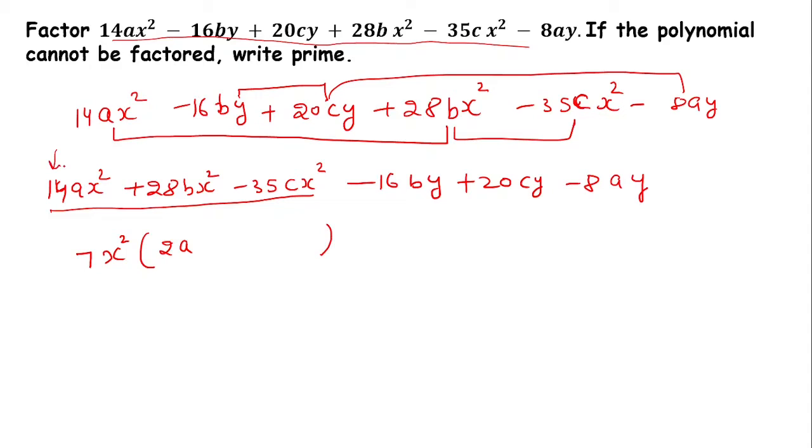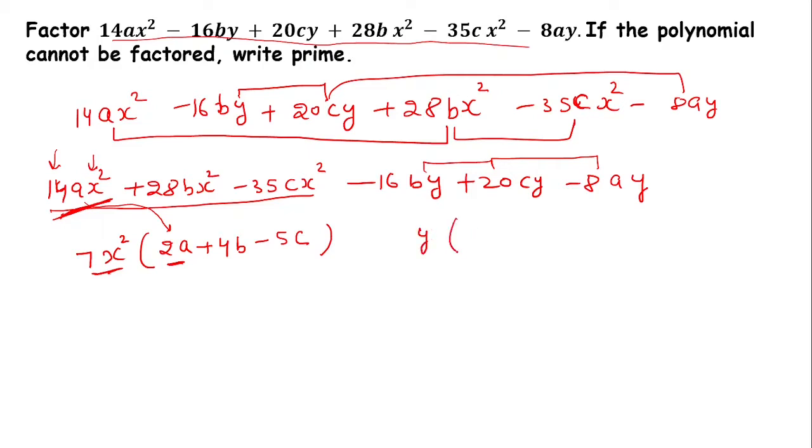Because 14 is taken out and x square is taken out, only 2 times a is left. 4b will be left here, and here will be 5 times c. If you want to cross check whether you are right or wrong, you can do that. How? 7x square times 2a will give you 14ax square, which means you are right. You can use the same thing with the others. Now what is common here? The common one here is y.